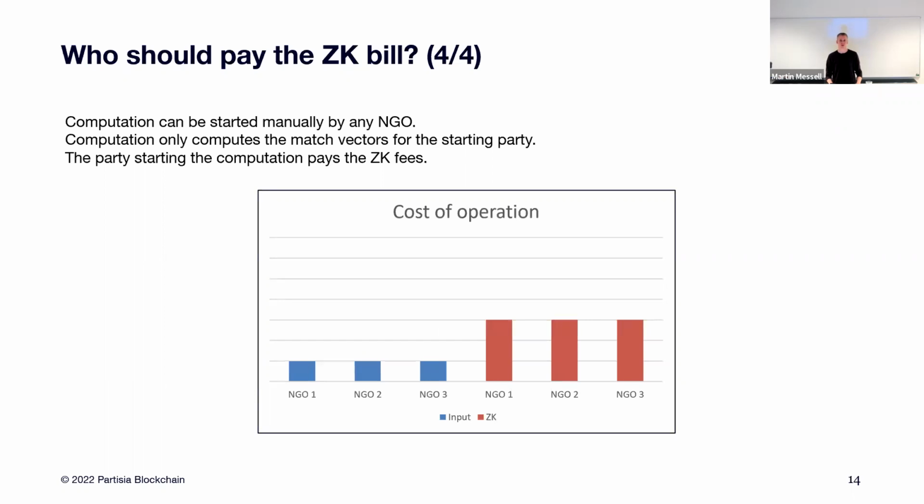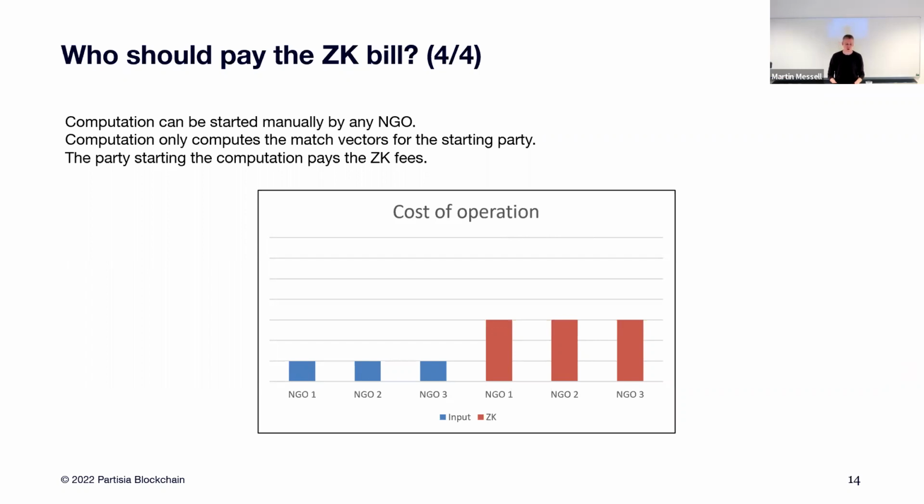Then we have a fourth and final alternative, which is sort of a different approach. And the computation here can be started by any of the NGOs, but it only computes a part of the computation, the part that's relevant for them. So, for instance, if NGO1 starts the computation, only the IOCs input by NGO1 are considered when comparing to all the other IOCs.